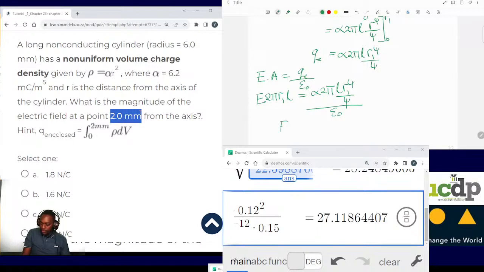E will now be equal to alpha 2 pi L r to the 1/4 over 4 epsilon naught, divided by these guys there, right?